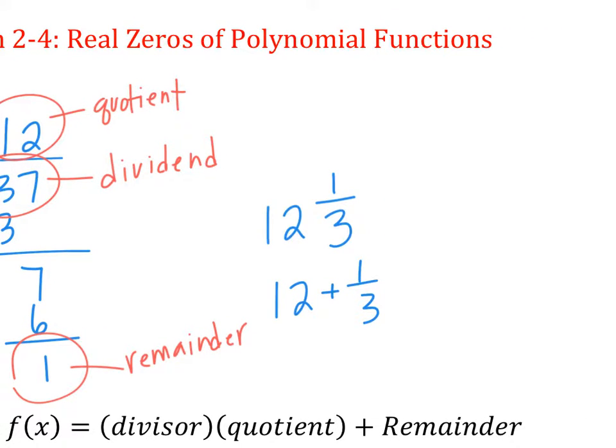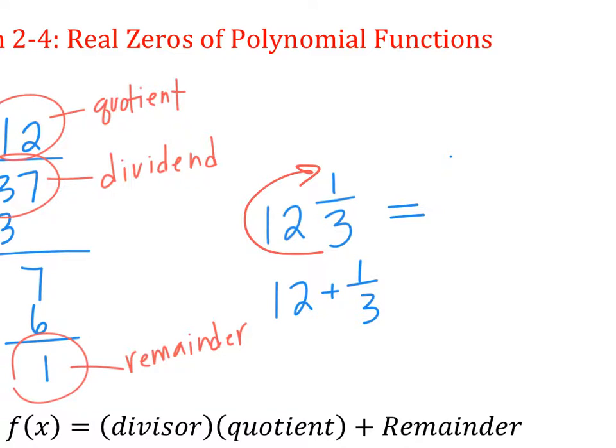All right, now, how do I change this mixed number into an improper fraction? 12 times 3 plus 1, right? This is what I tell my Algebra 1 students if I were teaching them again: we go around the world.